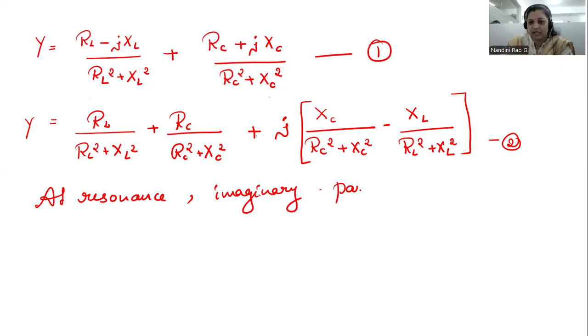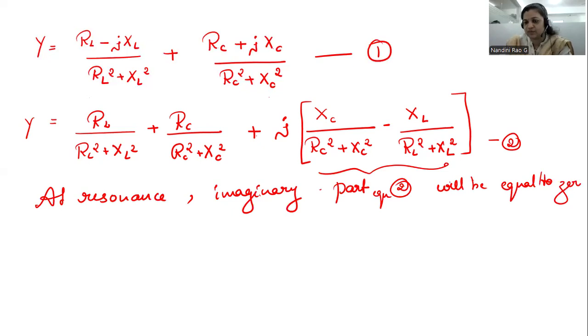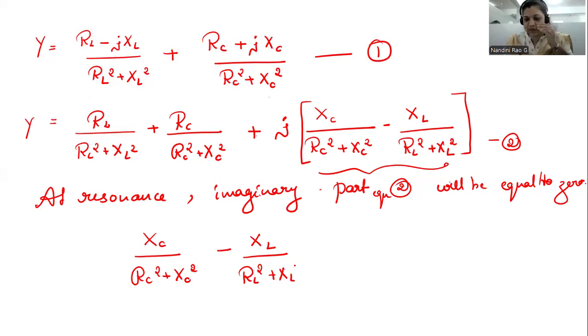At resonance, the imaginary part of this expression 2 will be equal to 0. So I'll write that part as XC by RC square plus XC square minus XL divided by RL square plus XL square is equal to 0.